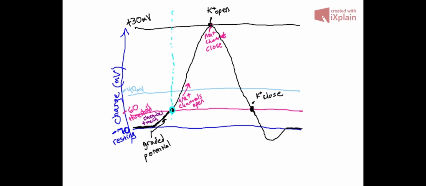It's a really sad looking dotted line, but we can draw a dotted line down here until the sodium channels close, the potassium channels open, the potassium leaves the cell making it negative, and then it gets down to the negative 40 millivolts. When it's returning back down and it gets down to negative 40 millivolts, we can draw a little dotted line here.